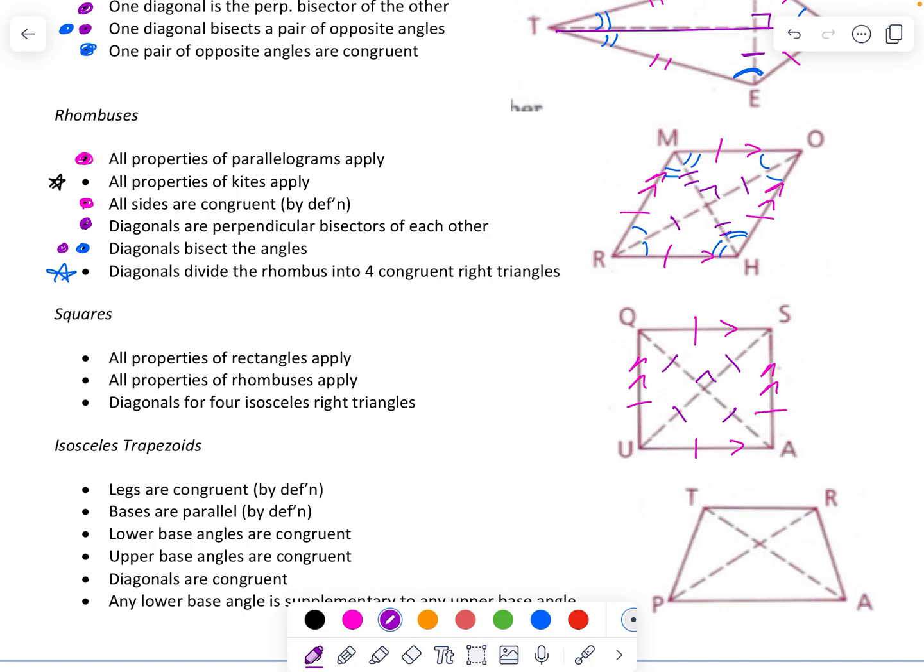And all these angles are congruent because they bisect the opposite angles. So what we have here are 4 isosceles right triangles. 45, 45, 90, 4 congruent isosceles right triangles is what it creates.